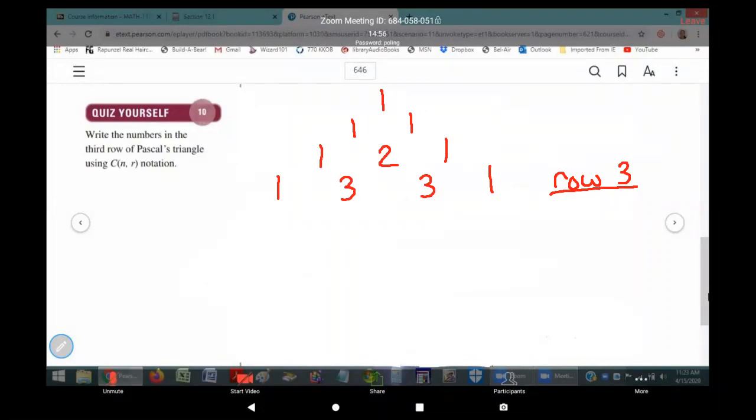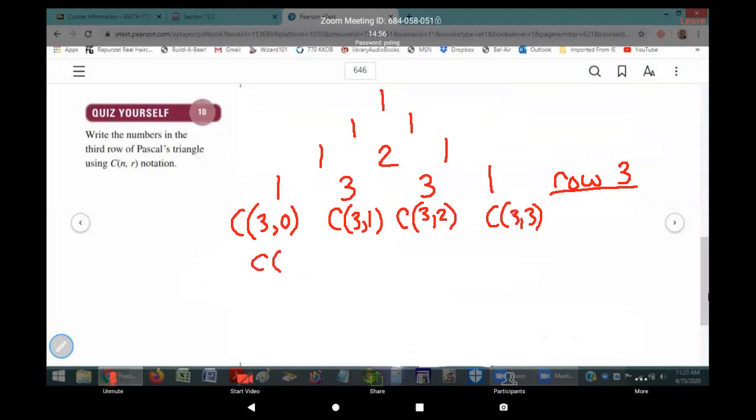And as we saw on the last slide, this is row 3, entry 0. This is row 3, entry 1. Row 3, entry 2. Row 3, entry 3.